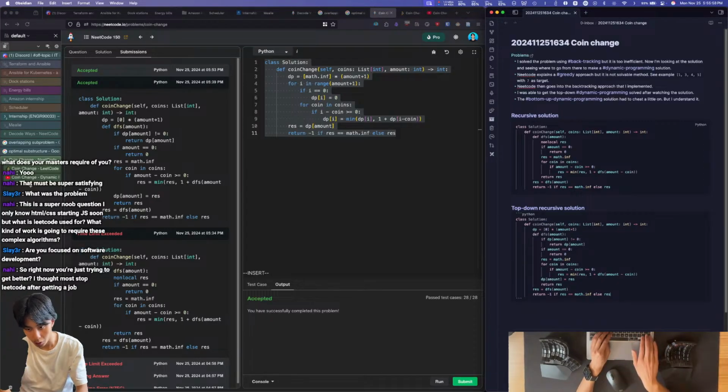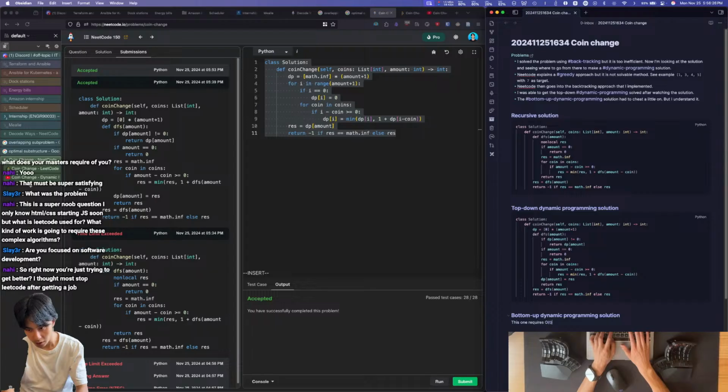And then the bottom up, top down, not recursive, dynamic programming solution, bottom up dynamic programming solution.